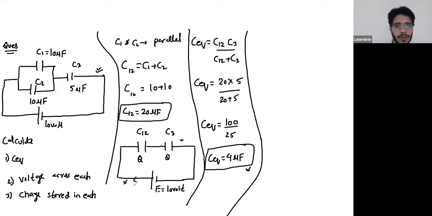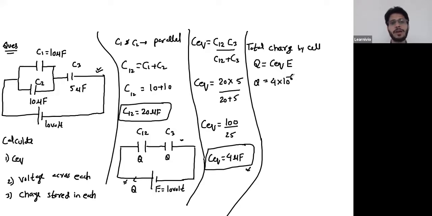So we can first calculate the charge stored in both capacitors C12 and C3. For this, we will first calculate the total charge by the cell. The total charge by the cell is simply C equivalent multiplied by the EMF of the cell. So here C equivalent is 4 microfarad. We can convert this microfarad into farad by multiplying with 10 raised to minus 6, multiplied by EMF, which is 10.